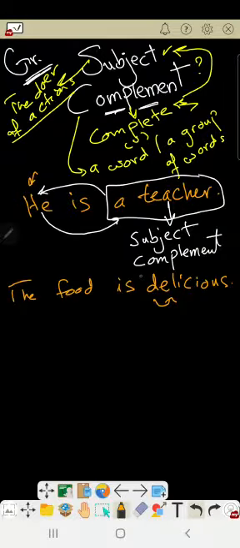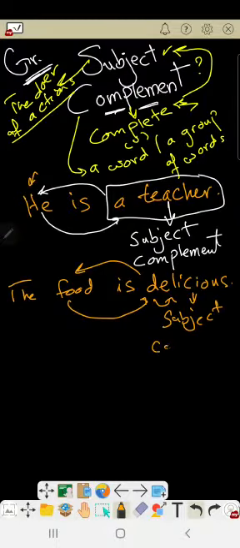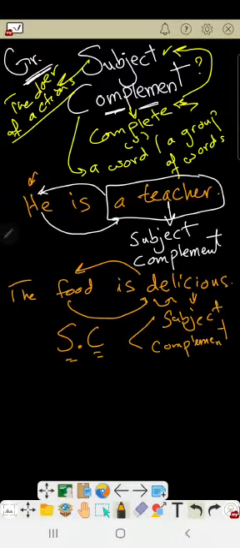So what is delicious? The food. The food is what? Delicious. Another circle. So here this completes the meaning of the subject. So it's going to be subject complement. Instead of writing subject complement in the full form, you can just write SC. It stands for subject complement.